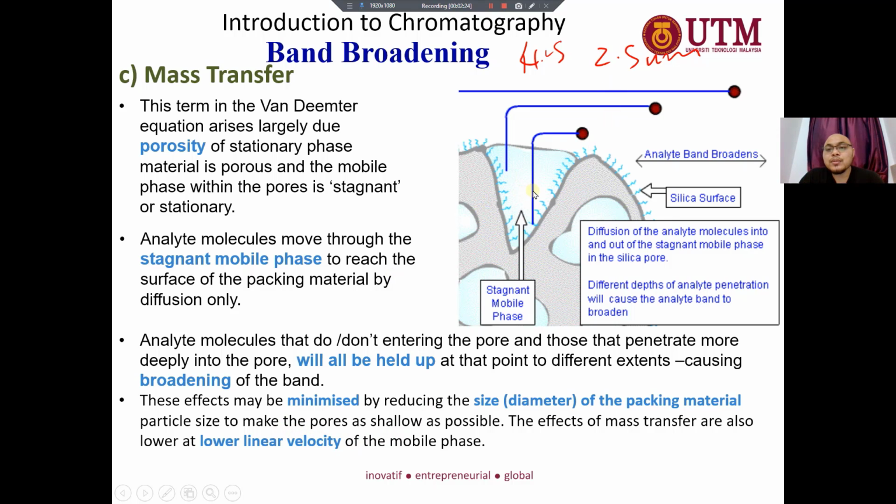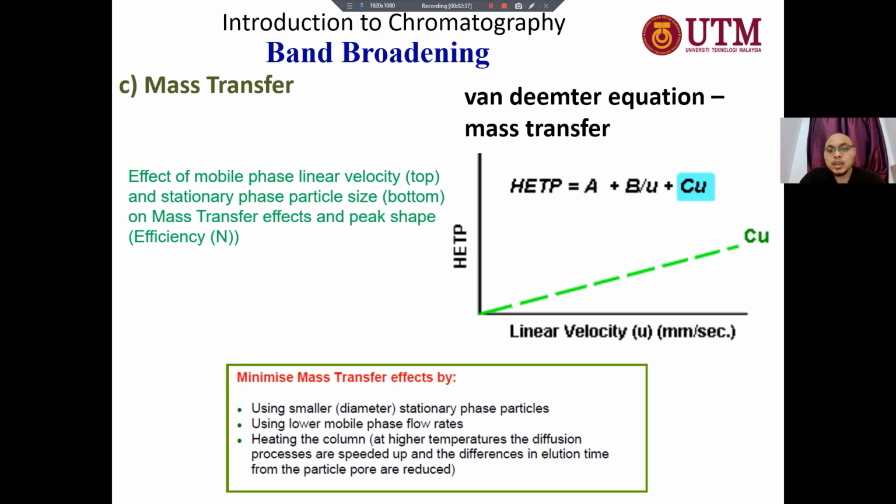You can also minimize the problem by using a low velocity of the flow rate, low velocity of the mobile phase. If you look at the graph here, if you use a high velocity, the effect of the mass transfer becomes much more apparent.